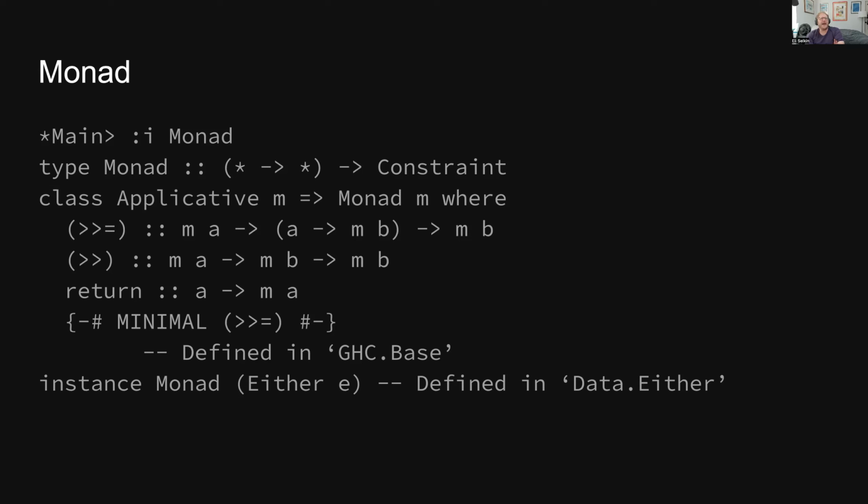How do you make your struct or your data type into something that is monadic? How do you create and define that bind operation on something? That is a little complicated. For the most part, we're dealing with types that already exist with the instance of monad in them.